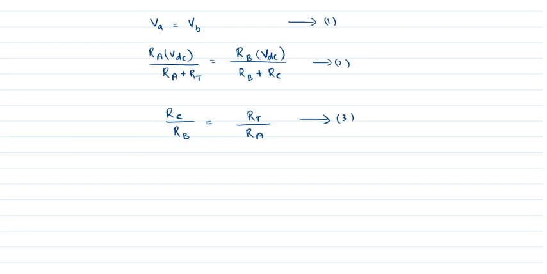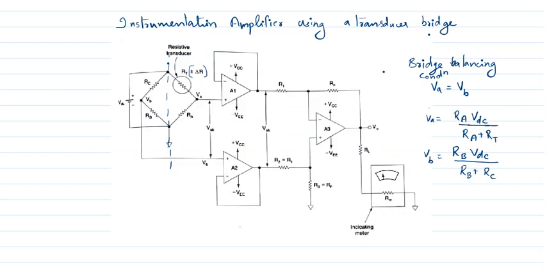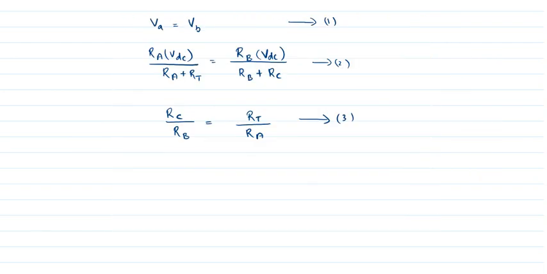If there is some change in transducer resistance, the balance will be lost. That's why in the figure we wrote RT plus or minus delta R.